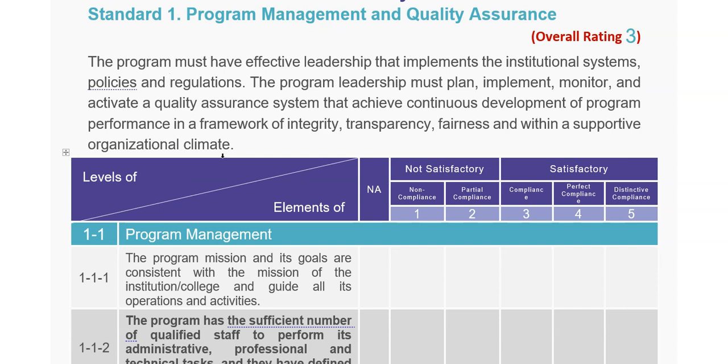The program leadership must plan, implement, monitor, and activate a quality assurance system that achieves continuous development of program performance in a framework of integrity, transparency, fairness, and within a supportive organizational climate.